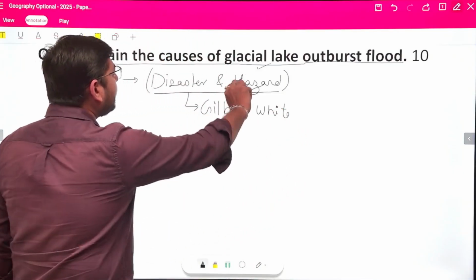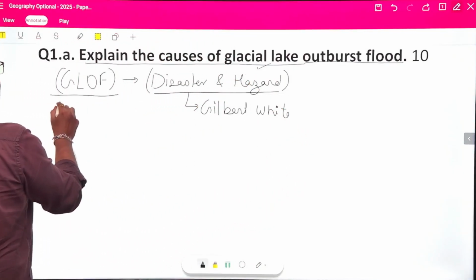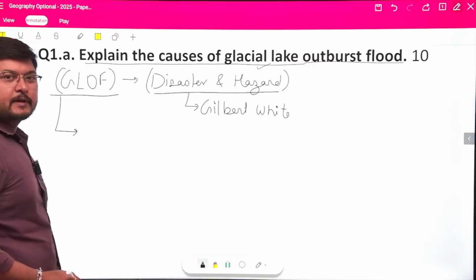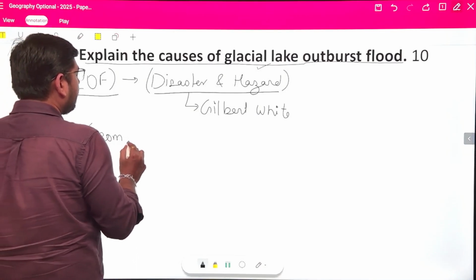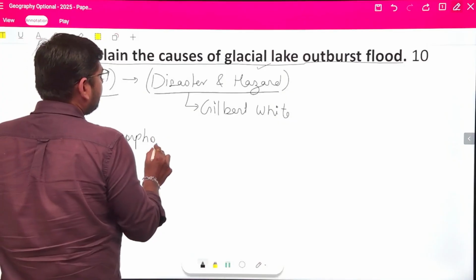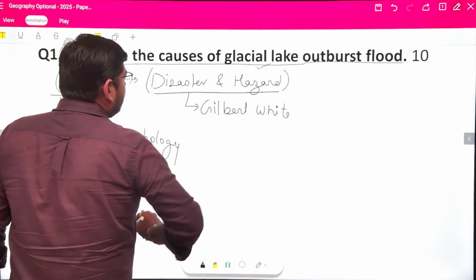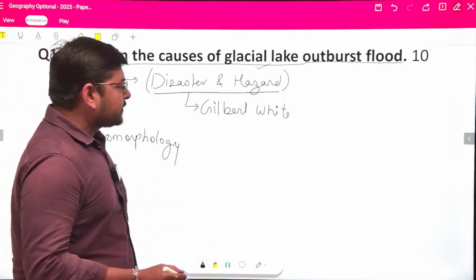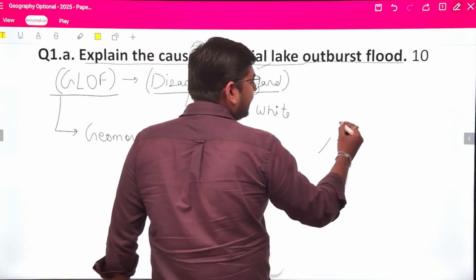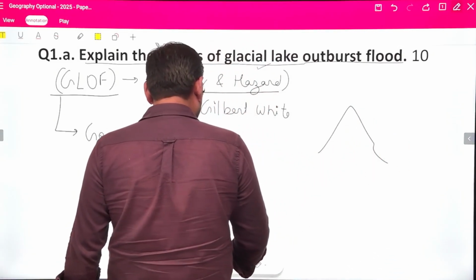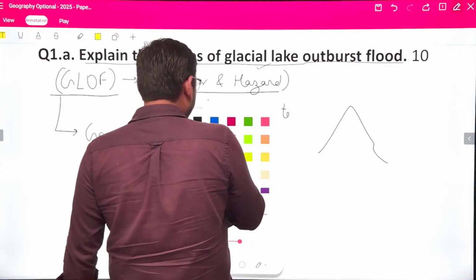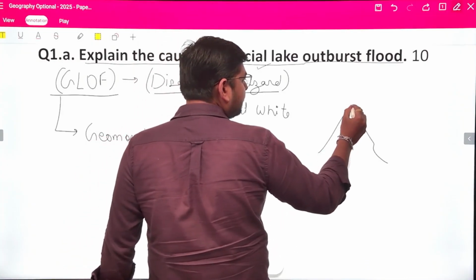But when we look at the process, that is a GLOF event, this can be very well explained with the use of geomorphology. Basically, a glacial lake outburst flood is an event which takes place in mountainous regions. In the mountainous regions, there is presence of various glaciers.